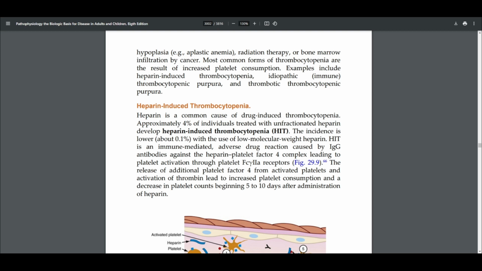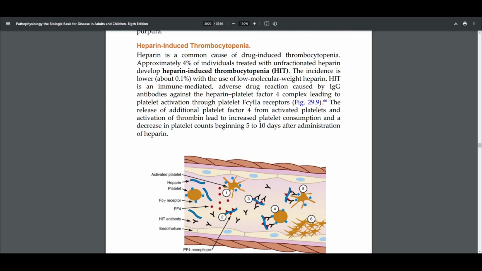The most common forms of thrombocytopenia are the result of increased platelet consumption. Examples include heparin-induced thrombocytopenia, idiopathic thrombocytopenic purpura, and thrombotic thrombocytopenic purpura. So, heparin-induced thrombocytopenia. Heparin is a common cause of drug-induced thrombocytopenia.